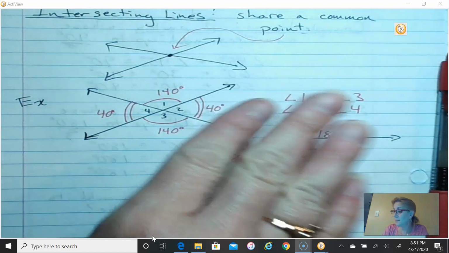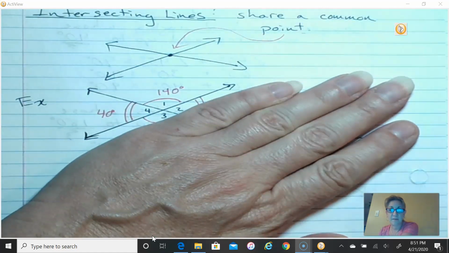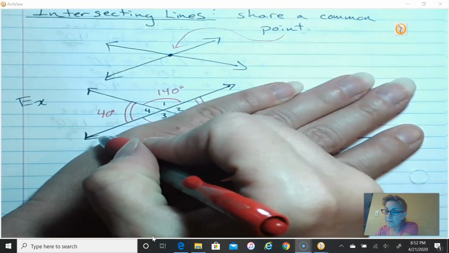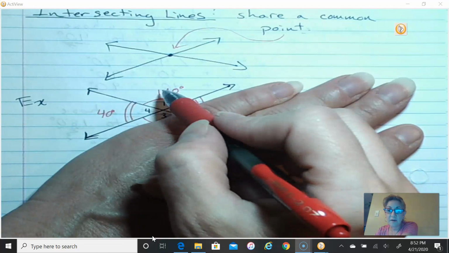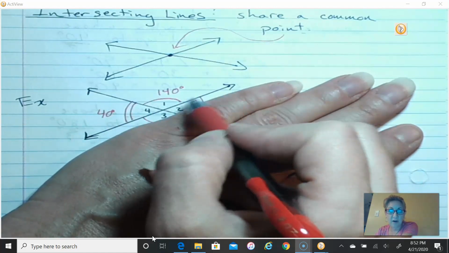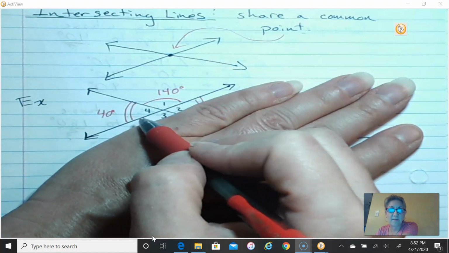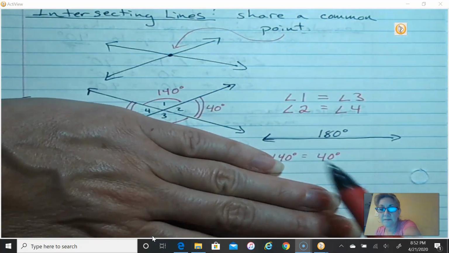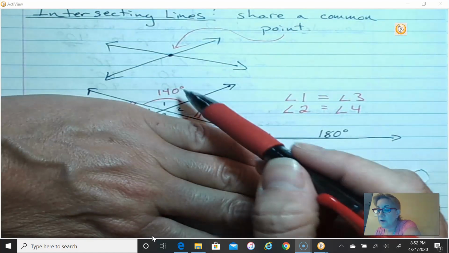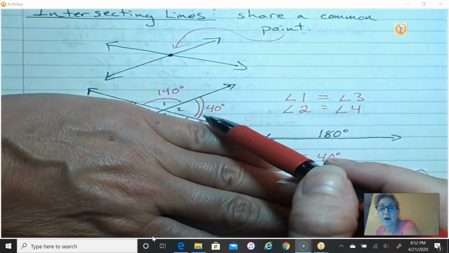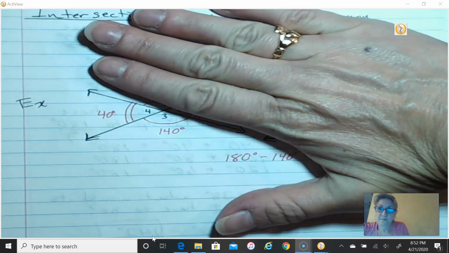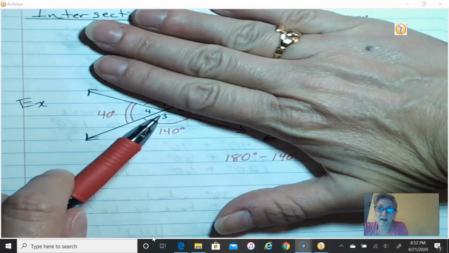But you can also see the straight line. Two angles that, when added, give you 180. You can even see right here, there's a straight line right there. So angle 1 and 2, when added, give you 180. And the same for right here. See that? Straight line.